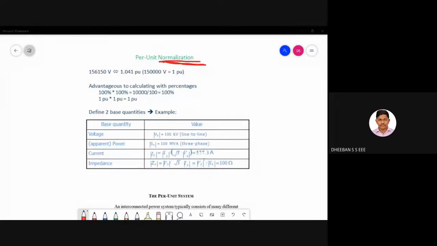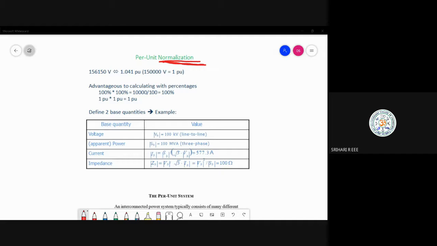If you know, you can even type in the chat box. Nobody knows about this concept, right?